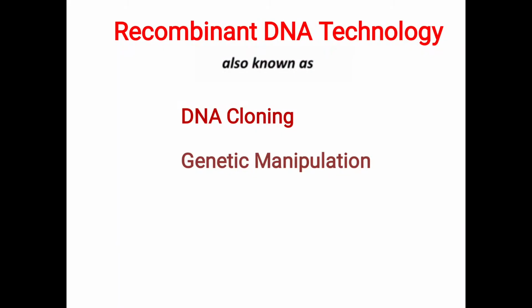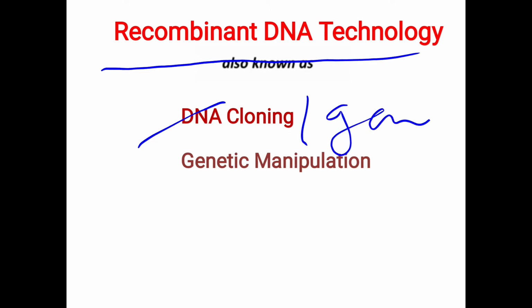Hello students, today we will discuss recombinant DNA technology, which is also known as DNA cloning or gene cloning. It is also known as genetic manipulation, as we are manipulating the original DNA molecule.